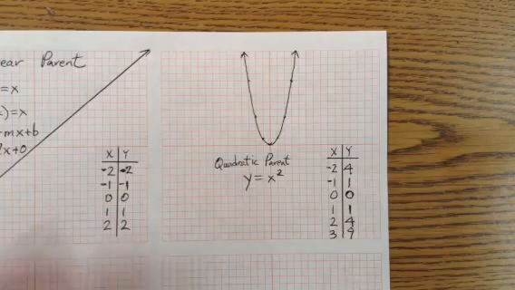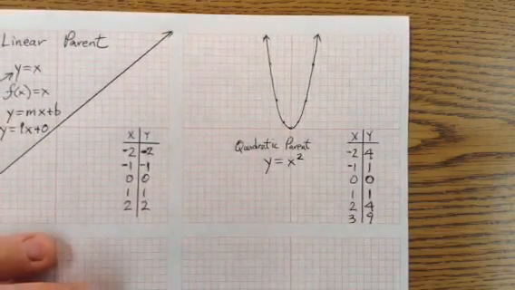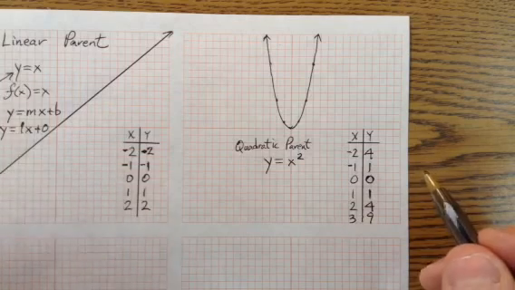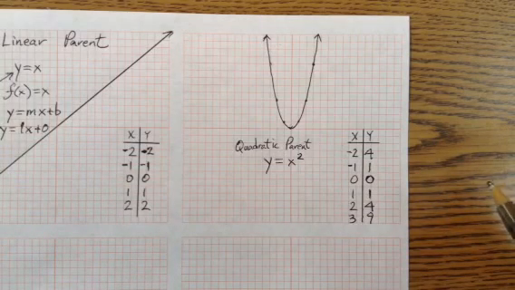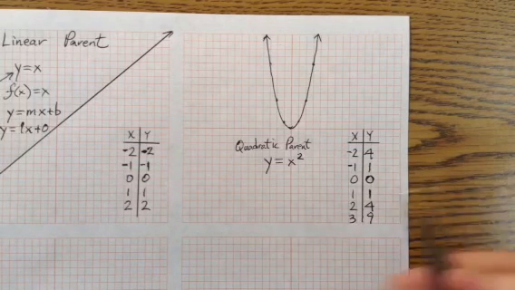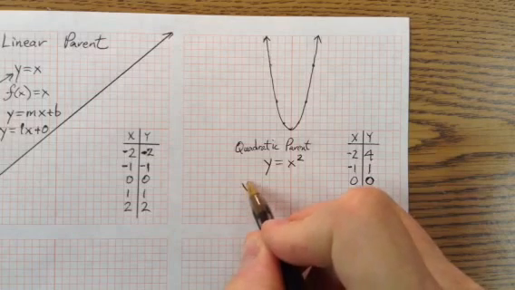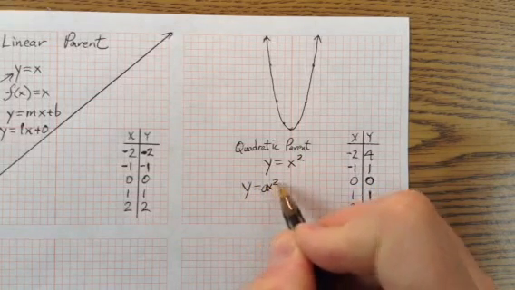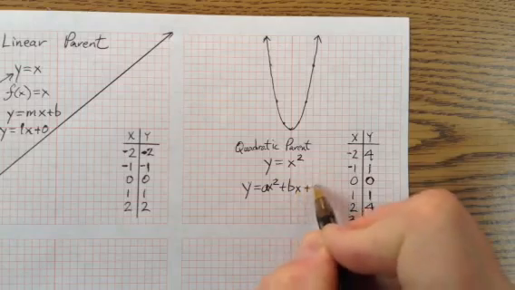Okay? Now, there's a whole bunch of different forms of this equation. There's standard form, there's point slope form. Let me just show you standard form real quick. This would be y equals ax squared plus bx plus c.